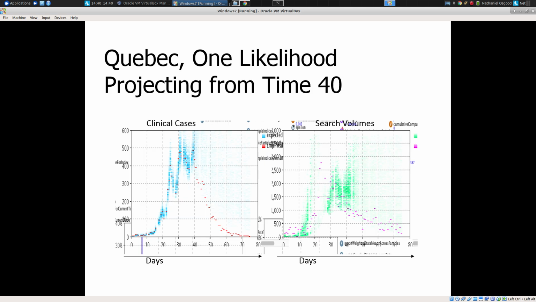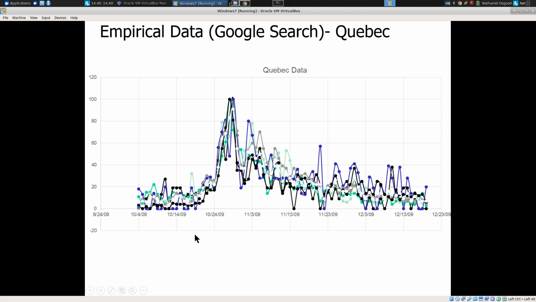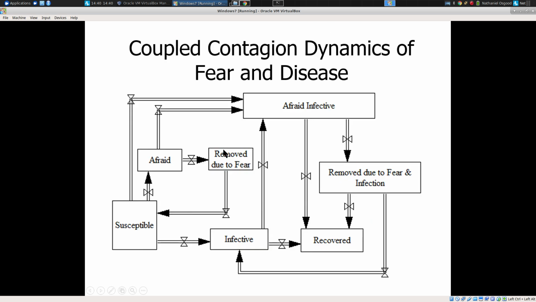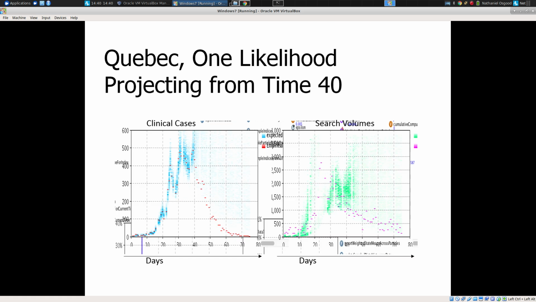So the empirical data we have was from Quebec and from Manitoba. And as you probably saw in the poster yesterday, when we brought in new data, we could use it to constrain the model. So the idea here is that we have data up to a certain point, and using only empirical clinical data, the finest data type that we're going to be using, up to this point, we tried to project forward using this model and these different hypotheses.